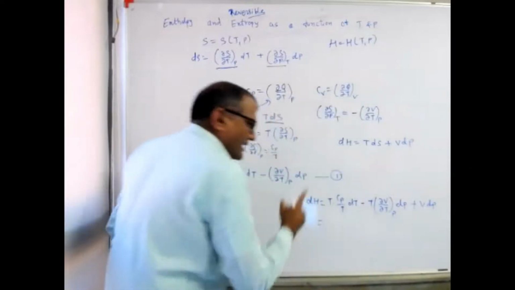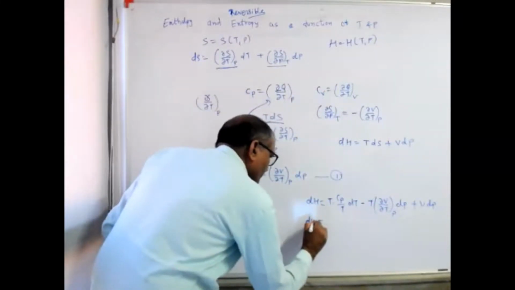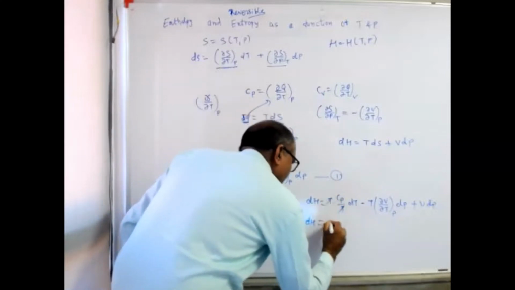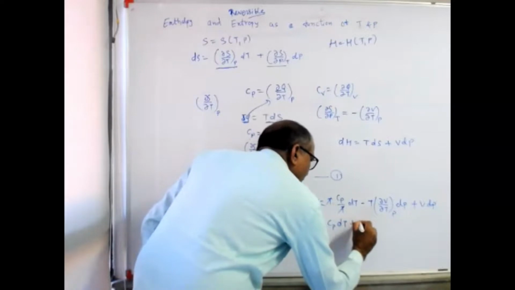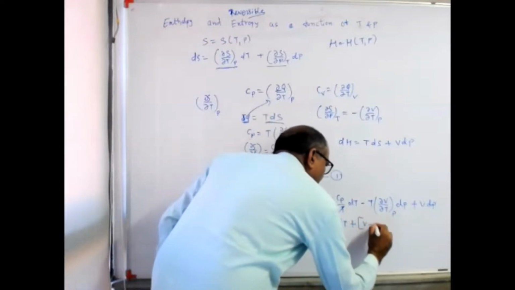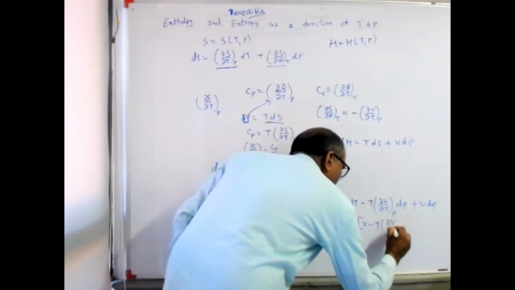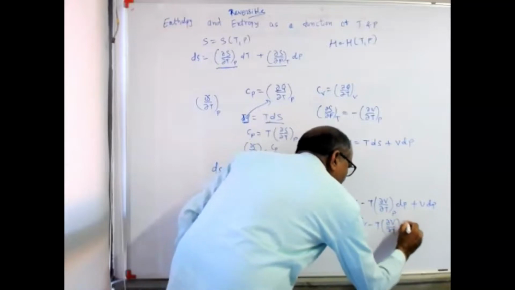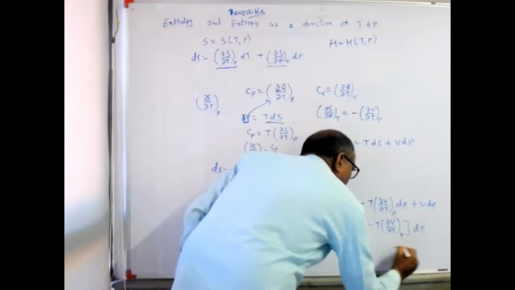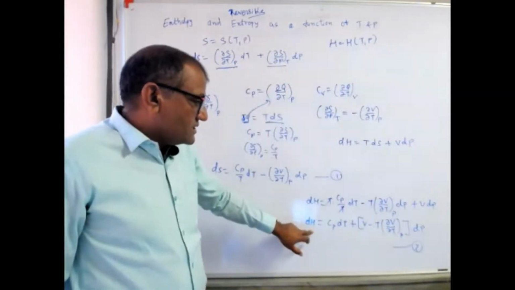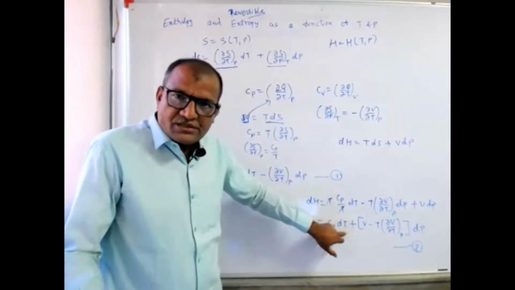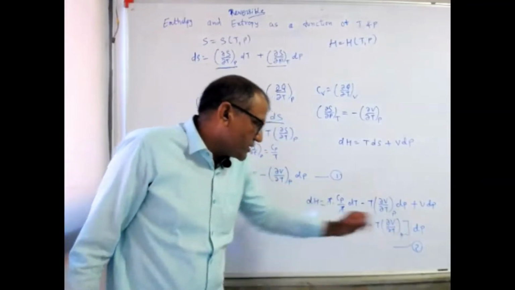If I rearrange this equation, the T will cancel: dH equals Cp dT plus V minus T del V by del T at constant pressure dP. This is equation number 2, dH in terms of two differential variables, temperature and pressure.